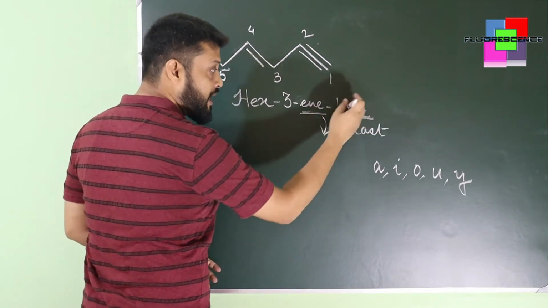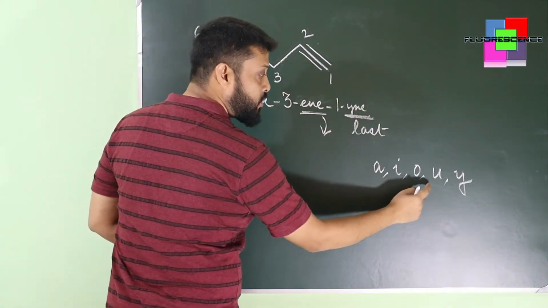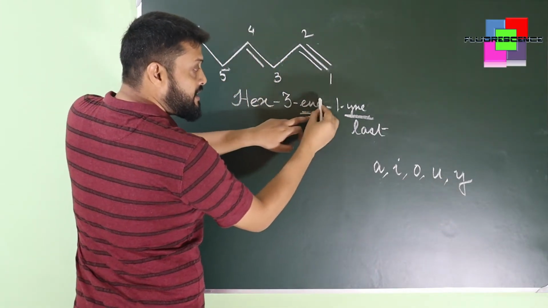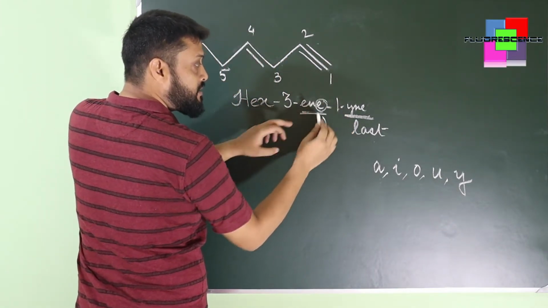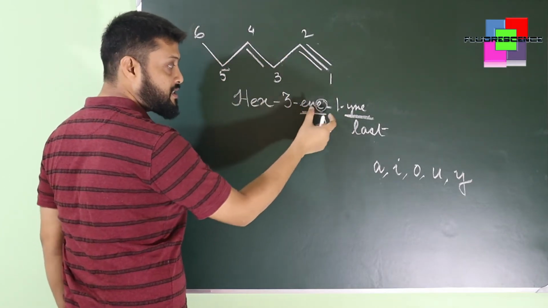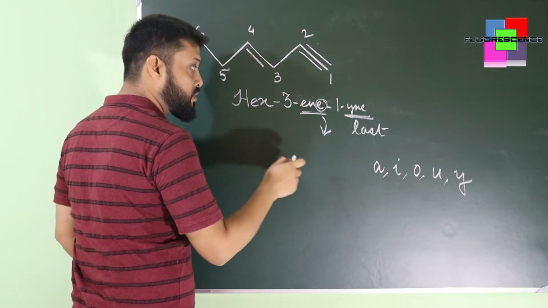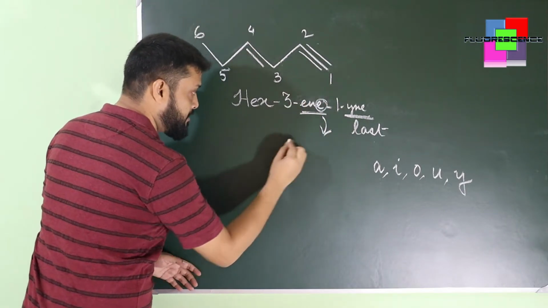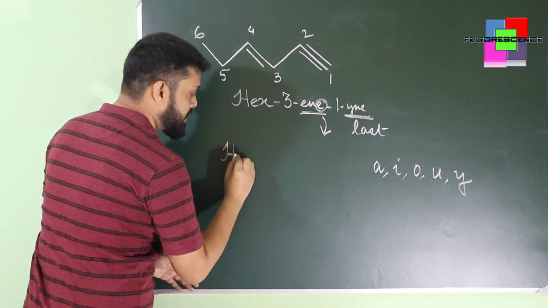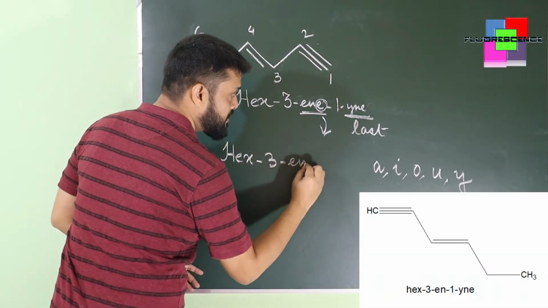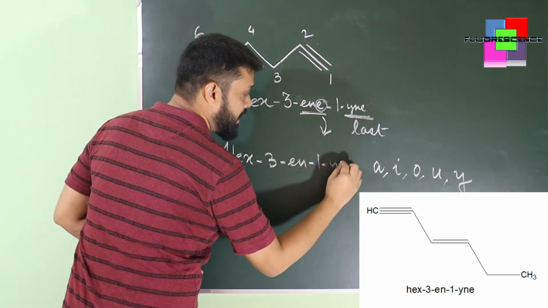I repeat, if your last portion is starting with A, I, O, U or Y, you will never end the part written in front of it with any vowel. So we'll skip out this E and the name will become hex-3-en-1-yne.